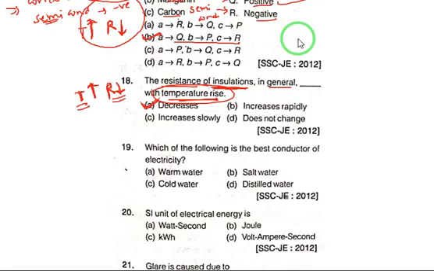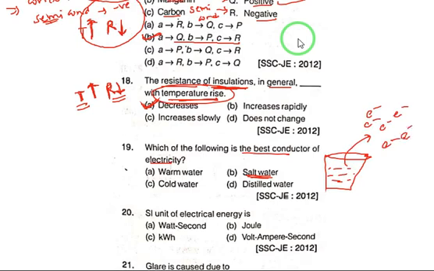And next one. Which of the following is the best conductor of electricity? Salt water is the best conductor of electricity. In salt water, what happens? So many free electrons will be present.